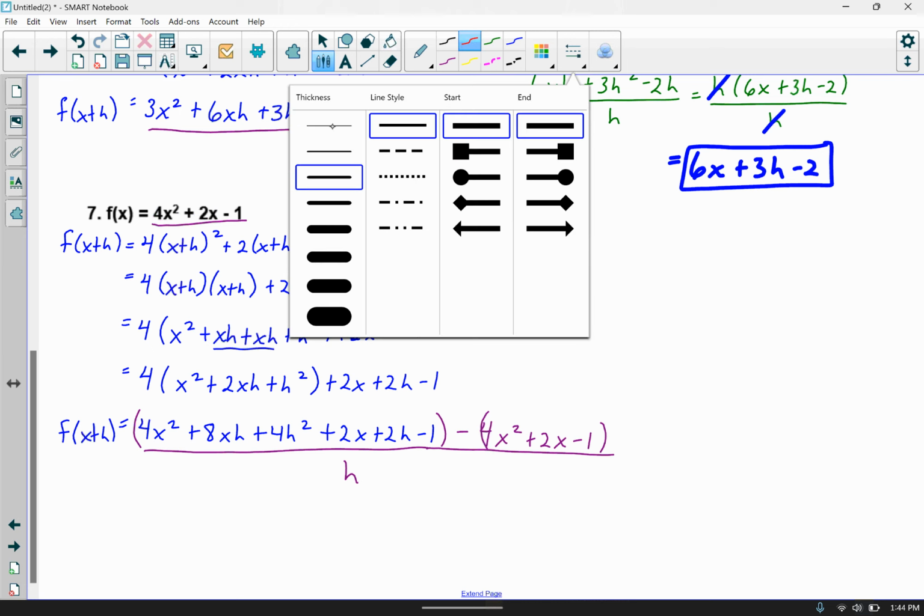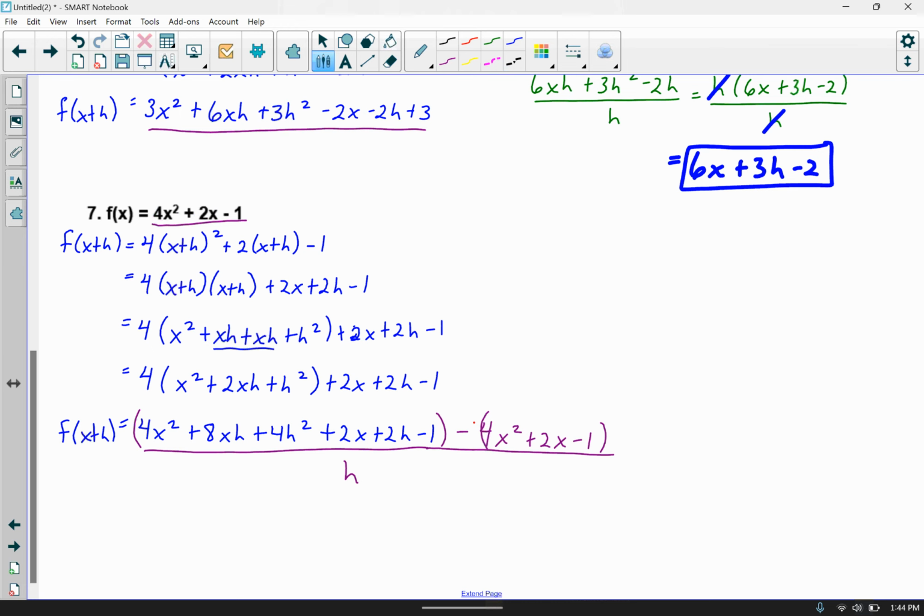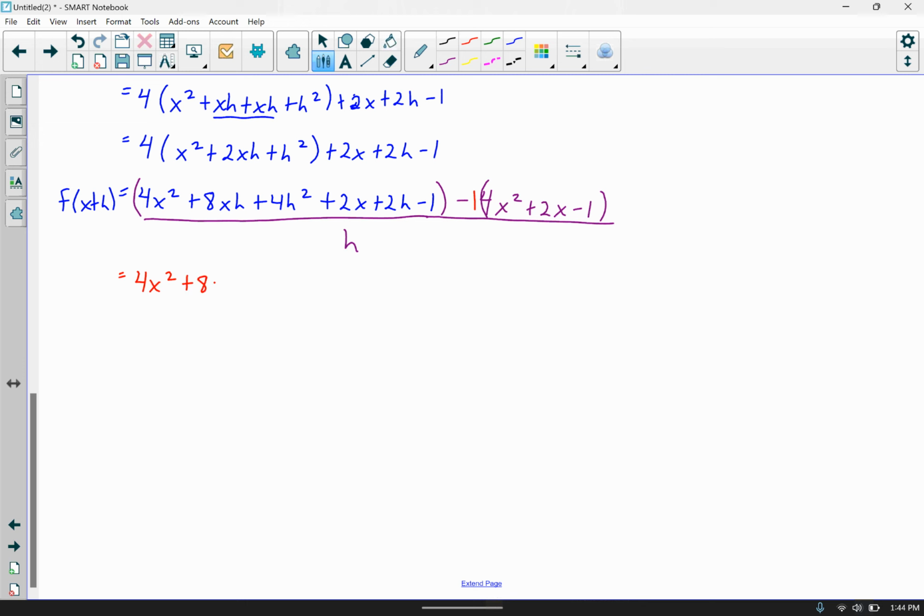Just like last time, this is a negative 1 that needs to be distributed through, turning into a minus 4x squared minus 2x plus 1, all divided by h.